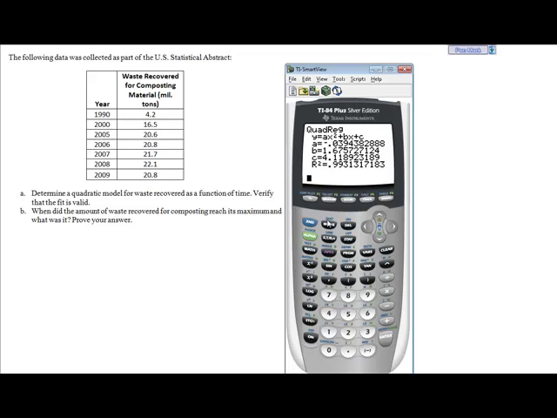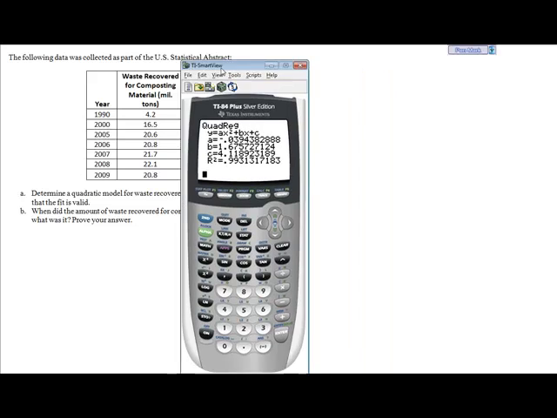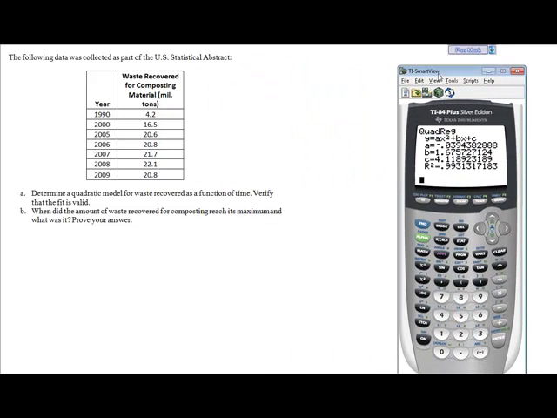Now keep in mind that if you do round it and use a rounded version of this equation, your answer may differ slightly. I will go ahead and write this equation down with a few rounding places, just so that we have it. We'll call this f of x, and f of x will be the waste, and x will be the years since 1990.